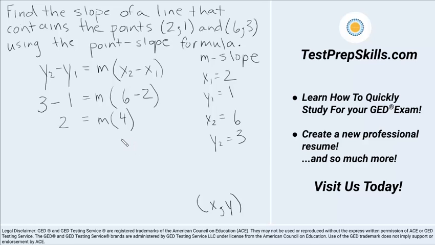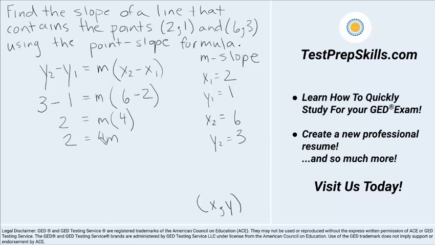Now, what else do we need to do? We need to isolate for m. And in order to isolate for m, we're going to need to get rid of this 4. This 4 is simply multiplied by m. We can write it like this, or we could take another step and rewrite it. It's just 4 times m, so we could write it as 4m. Now, we need to get this 4 onto the other side of our equation.